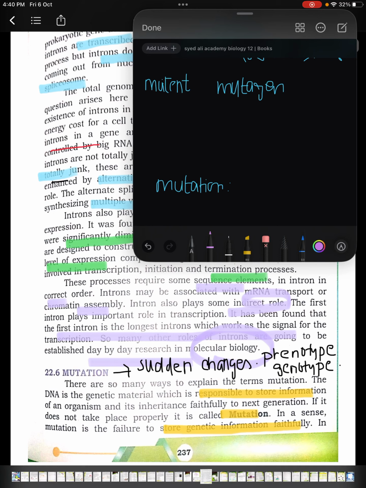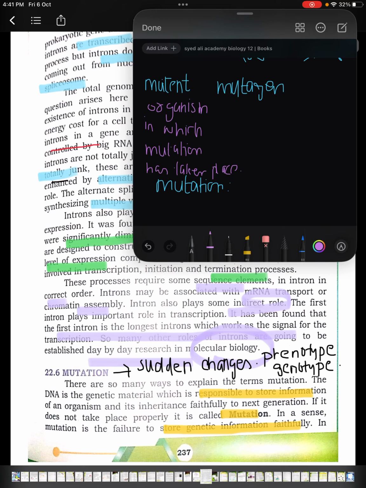Basically any organism in which a mutation has been caused, that is known as mutant, which is basically affected by the mutation. Organism in which mutation has taken place is basically known as mutant.